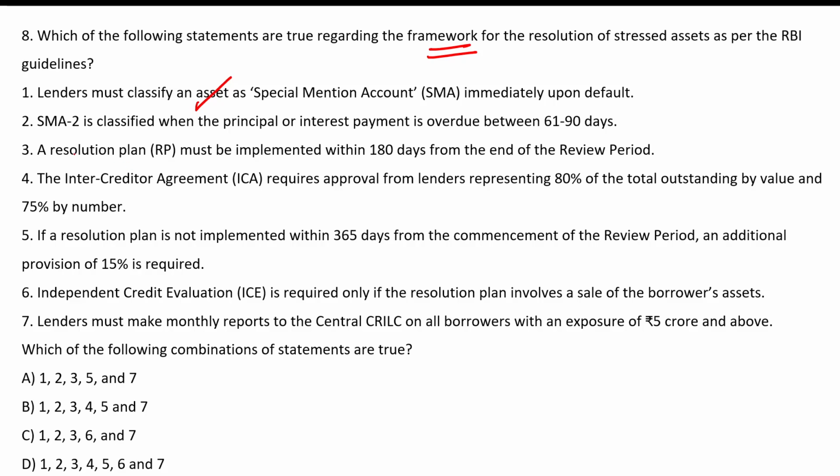So this means 2 and 3 are also correct. Let's read statement number 4. The intercreditor agreement requires approval from lenders representing 80% of the total outstanding value, 75% by number. So the ICA requires approval of 75% of the total outstanding by value and 60% of lenders by number, and hence this statement is not correct. So statement 4 is not correct.